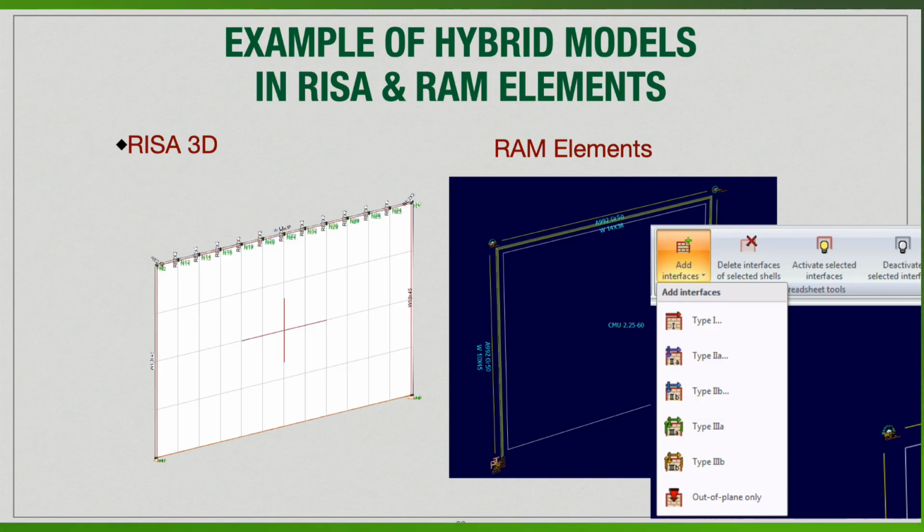That isn't really codified and well supported, but it's certainly there and available as an option for your design. You could certainly do this also in RISA, which I show here, or Tekla Structural Designer. You just have to build your own custom links to be able to support the type 1, type 2A, 2B, type 3A, or 3B for the design.